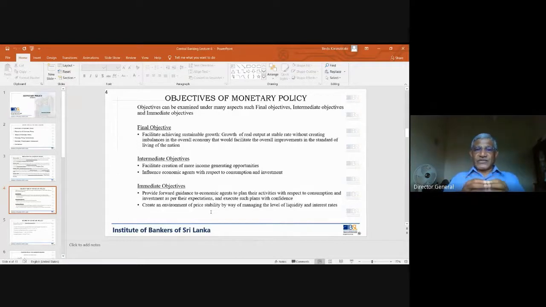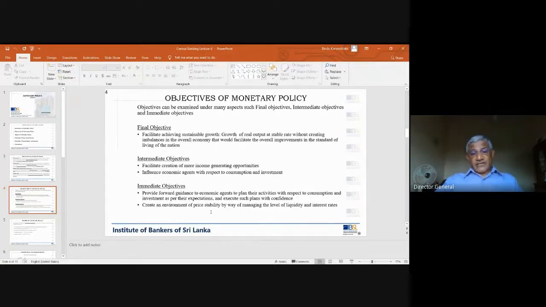Those resources are owned by the nation's people, so they have the right to enjoy the maximum benefit from those resources and also make sure future generations will have the same opportunity, because they are also stakeholders in the resources.